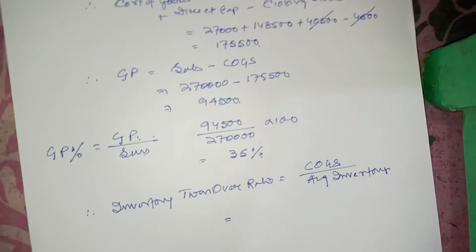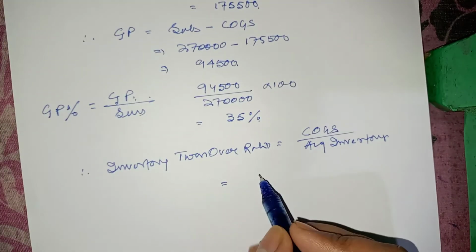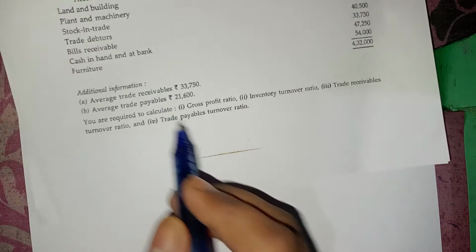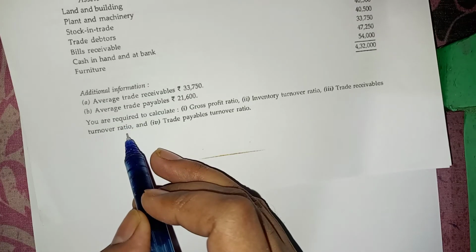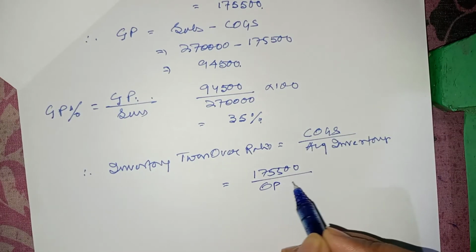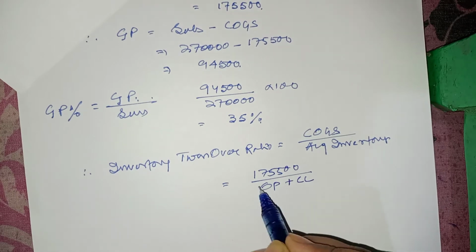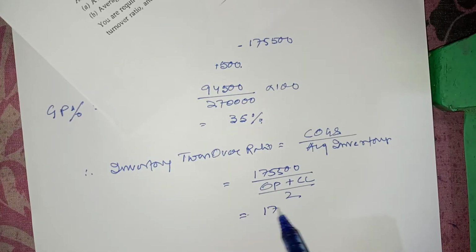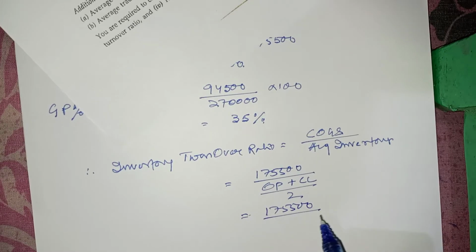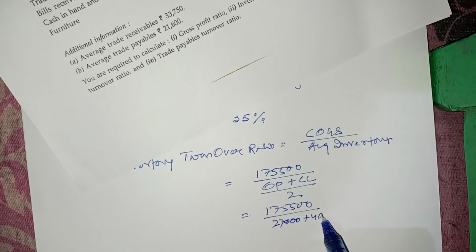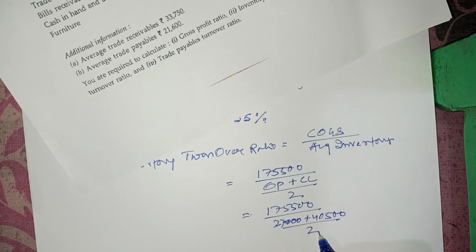COGS we know already, we got 1,75,500, divided by our average inventory. Average inventory we can write as opening inventory plus closing inventory divided by 2. Here we know the opening and closing inventories. So it will be 1,75,500 divided by 27,000 plus 40,500 by 2.